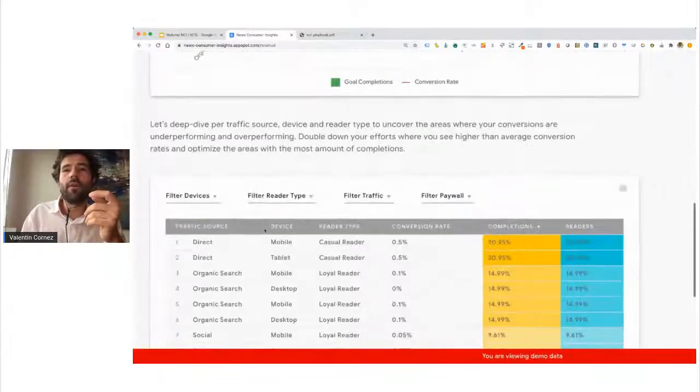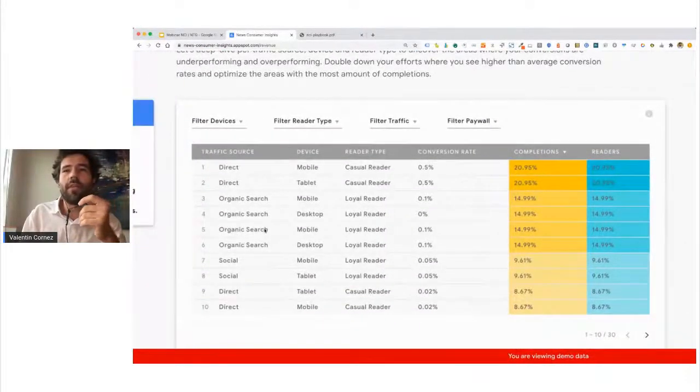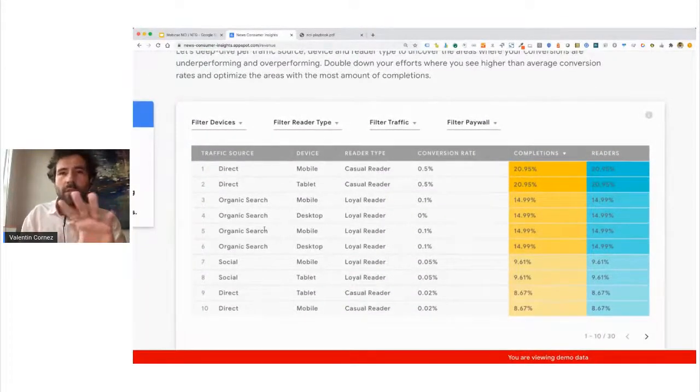If you go down, you will notice that specific table. I think that's my favorite table of that page. That's where we've actually segmented your audience into very small audiences based on traffic source, device, and reader type.